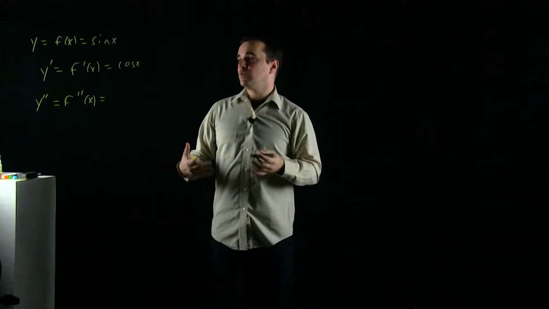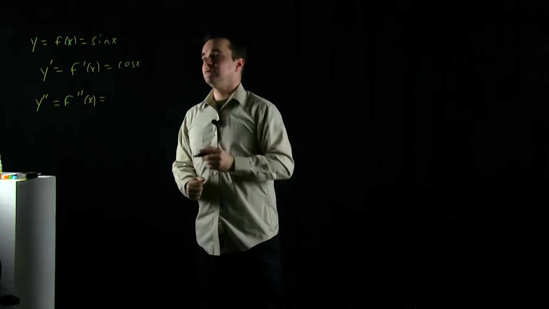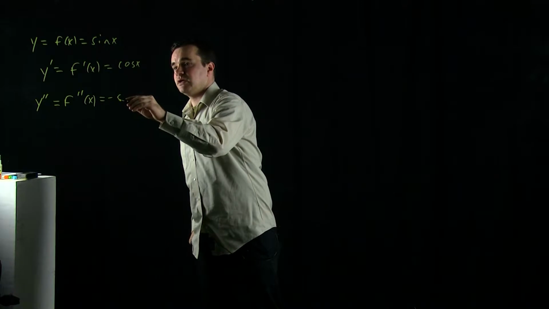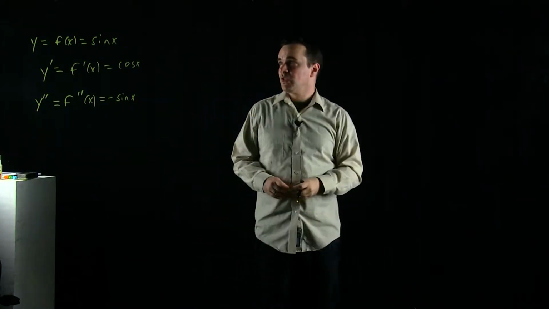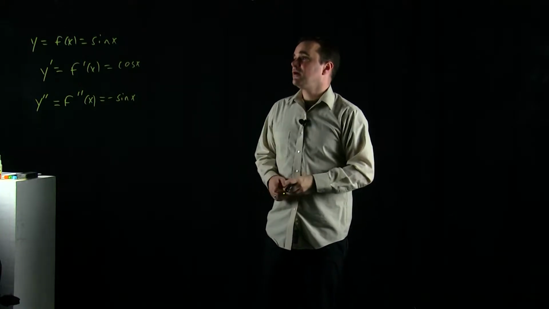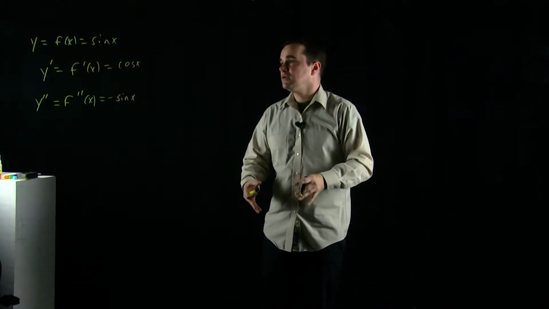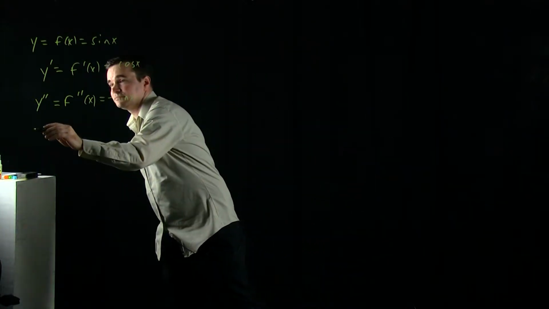That's nothing but taking the derivative of the derivative. In this case, the derivative of cosine is negative sine of x. So the second derivative of sine of x is negative sine of x. You could take a third derivative, but once again, nothing stops you.